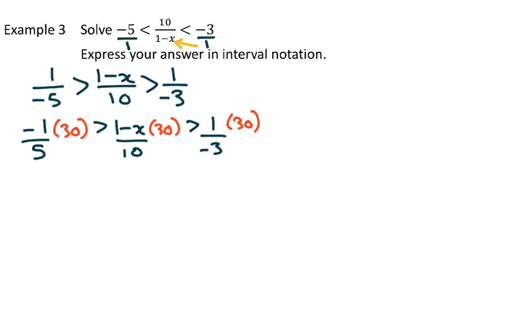So we do the calculations. I'm going to shortcut a little bit. On the left side, -1 times 30 would be -30 on the top over 5, because technically that 30 is over 1. I'm not going to straight ahead multiply on the middle side, because that's going to defeat the purpose, and we're just going to have to factor again.